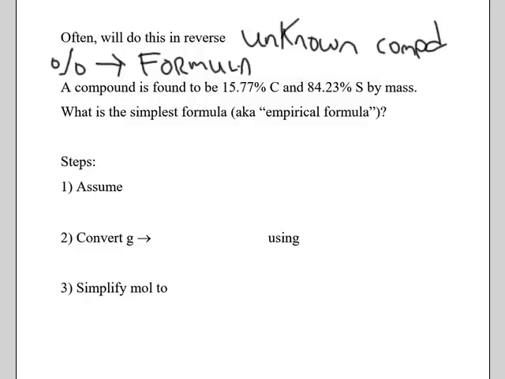You can analyze a compound in the lab without knowing its chemical formula. In this case, we get 15.77% by mass is carbon, 84.23% by mass is sulfur. We want to know what is the simplest ratio between carbon and sulfur. That's called the simplest formula, or it's also called the empirical formula.